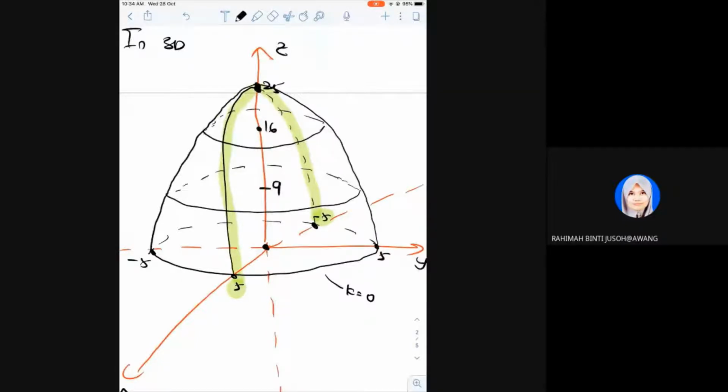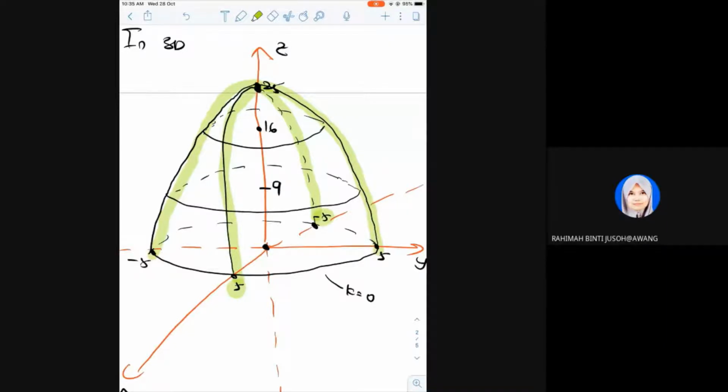So we are actually completing our paraboloid. This is for YZ plane. Understand? This is actually the step-by-step to sketch the paraboloid.